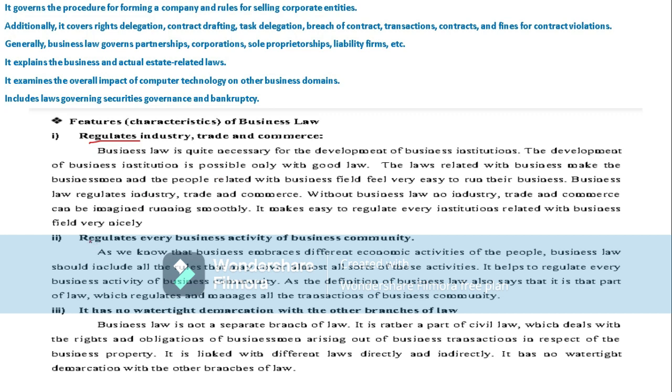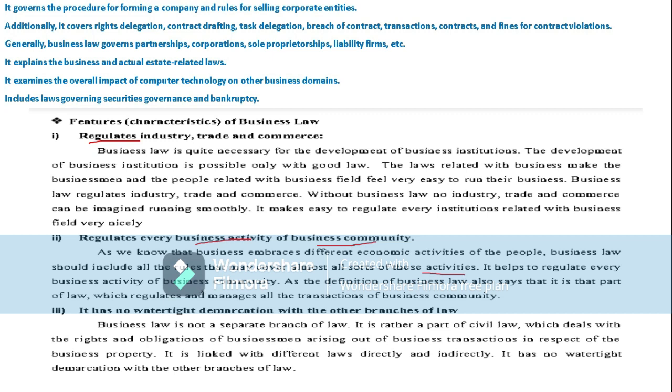Another one is that it regulates every business activity and business community. Businesses encompass different economic activities of people. Business law should include all the rules that cover almost all sorts of these activities, so it helps to regulate every business activity of the business community.